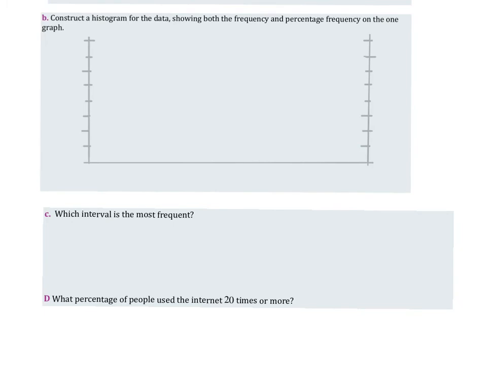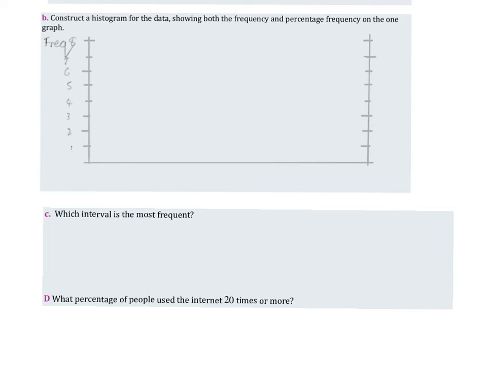Using the table that we've just put together on the previous page, we are now going to draw the histogram. In this case, they want both the frequency and the percentage frequency. On the left-hand side, I'm going to put the frequency. My highest frequency was 8, so I did have to go up to 8: 1, 2, 3, 4, 5, 6, 7 and 8.